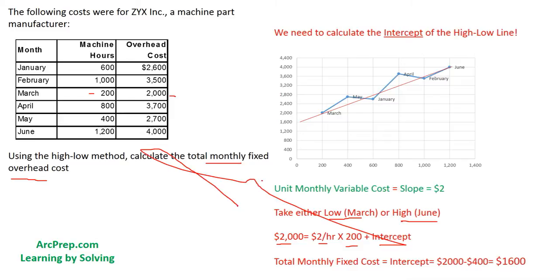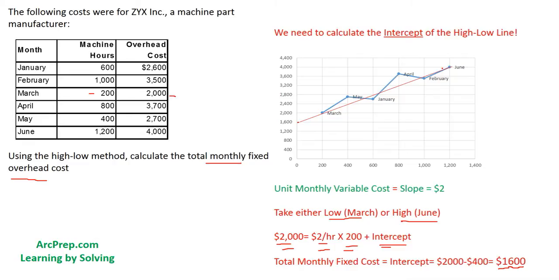So what we are essentially calculating is the intercept, right here. 2,000, y, is equal to slope multiplied by x plus the intercept. The intercept turns out to be $1,600. So at 1,600, this line, which is my estimation curve, intersects with the y-axis.